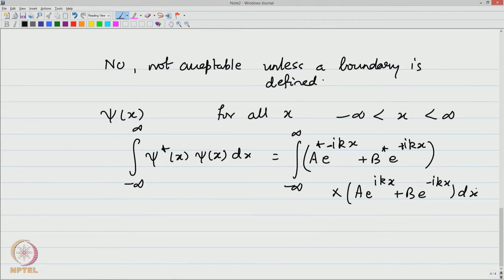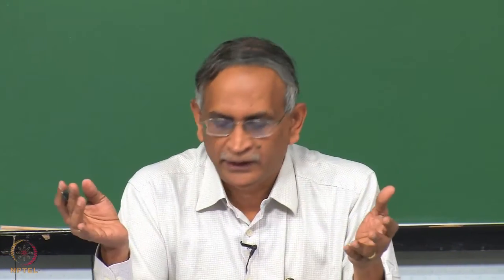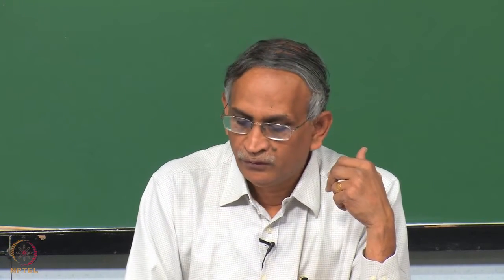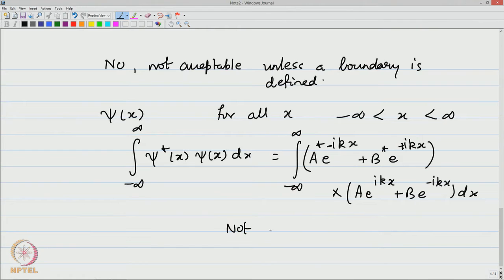It is easy to show that this integral never terminates at infinity, it keeps on oscillating, and in fact, it becomes infinite. This integral becomes infinite. So, not acceptable, not normalizable.